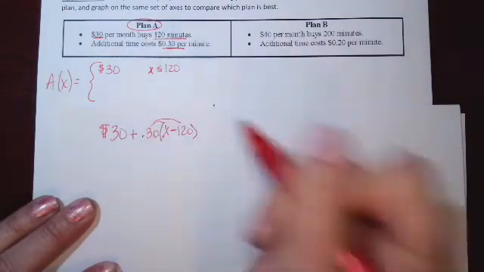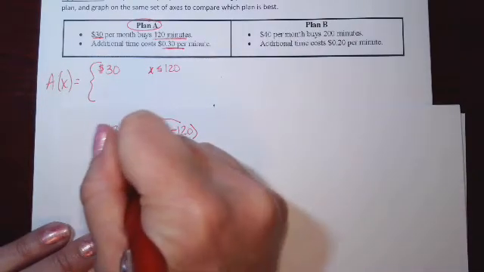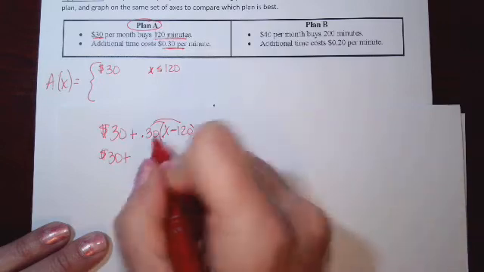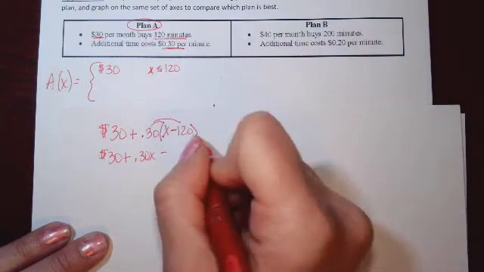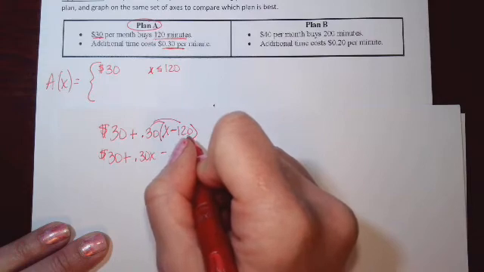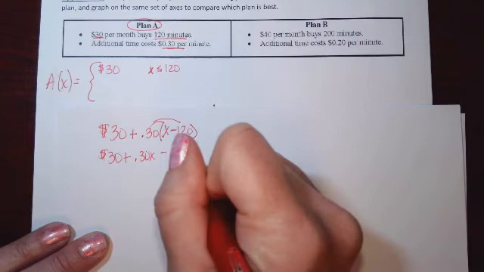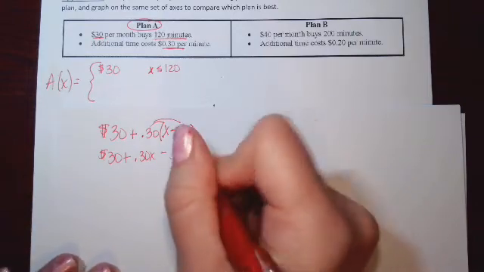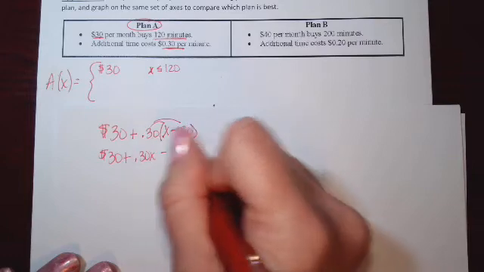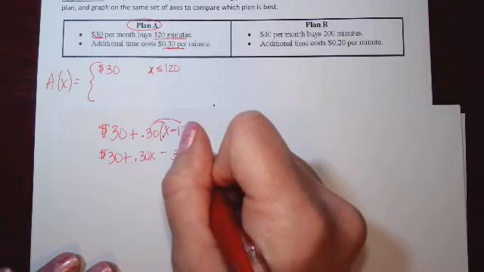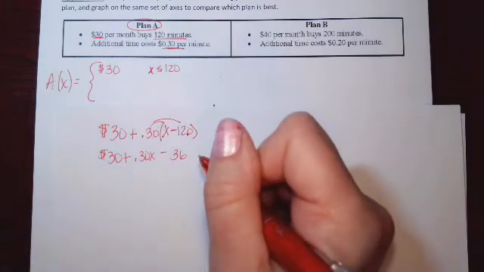We need to distribute this. So I've got 30 plus 0.30x minus 3 times 12 is 36. Where does my decimal need to go? Well, if I just do the 0.3, my decimal goes here. So it's going to be minus 36.